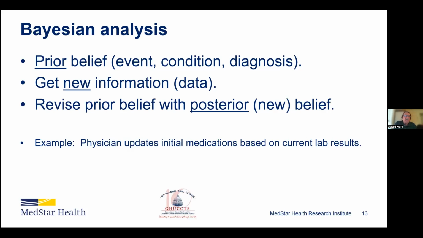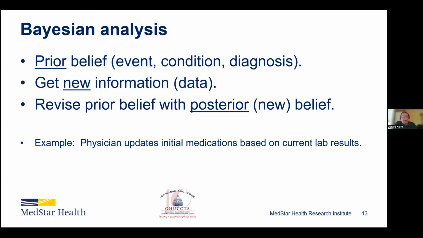And so here is an example of this perspective in real life. Clinicians or physicians, even though if they're doing research, their statistics are probably classical in nature, their actual practice is really Bayesian in nature.